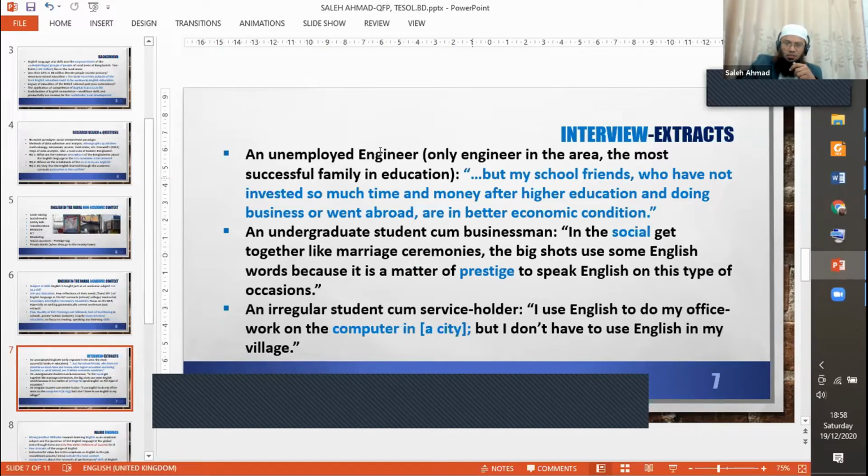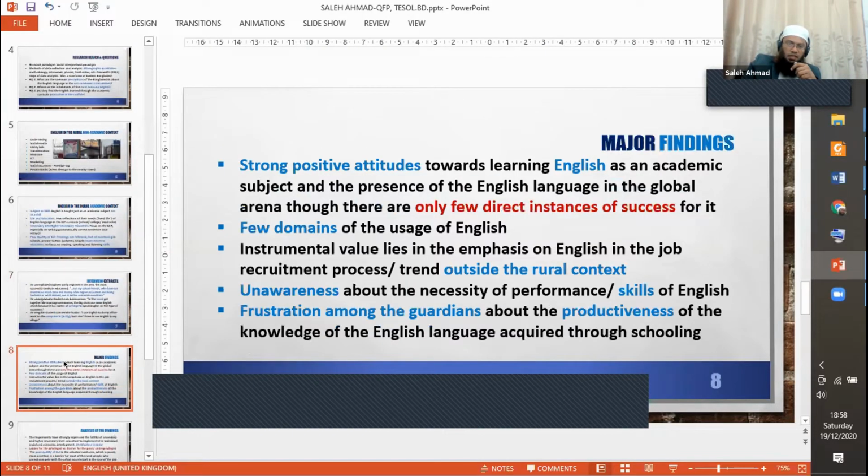So this is the quotation from the engineer who is unemployed. He invested a lot of money for getting the engineering degree from a private university, but is still unemployed after a long time. He finds his friends more successful, who have not studied even in colleges, and who went abroad with a little formal education. So this is actually frustrating.